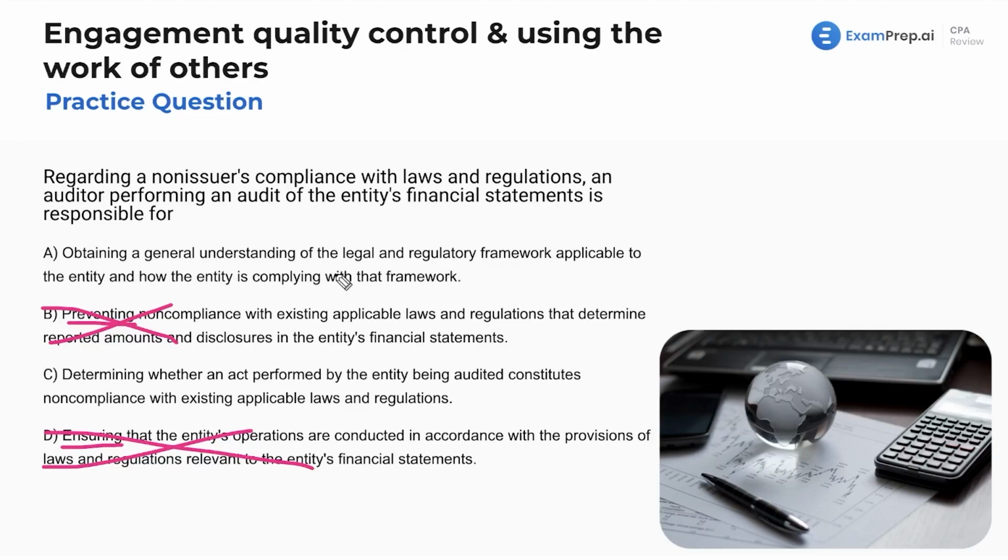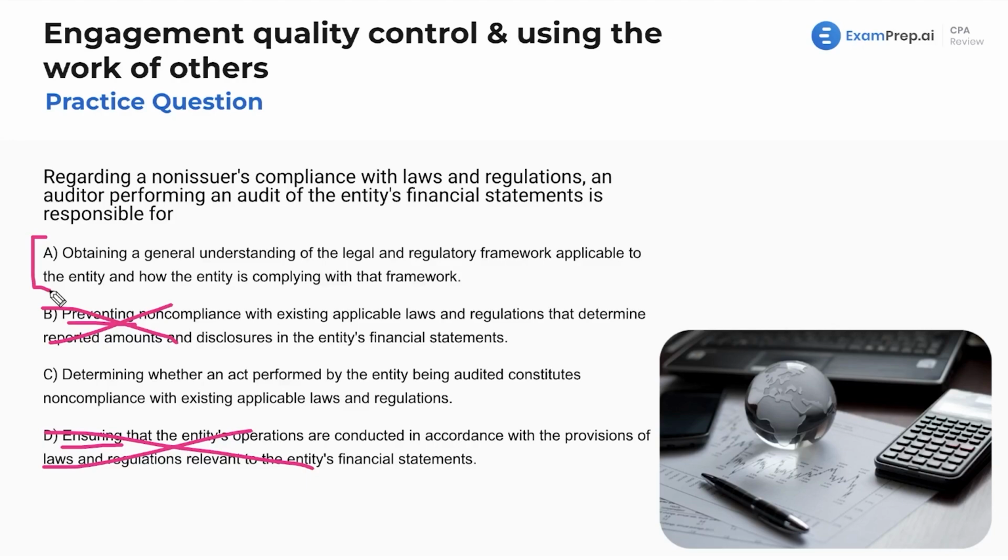So, point one here, this is a tried and true, commonly brought up point, regardless of issuer or non-issuer, regardless of GAAP or government audit, regardless of audit or review. In most cases, 9 times out of 10, you're going to want to obtain a general understanding of the entity, of its business environment, of its industry, of its legal and regulatory environment, and the framework it needs to report to, because otherwise, how are you going to issue an opinion?